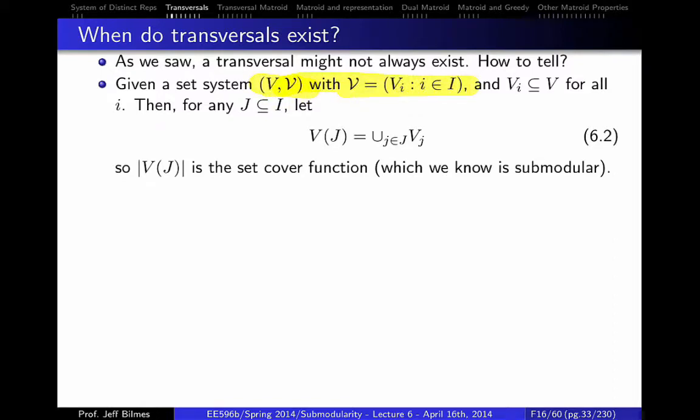Again, this is a set of subsets, and I is the index set, just like what we saw, and this is to define this function v of J. Notice that I can be seen in some sense as a separate ground set. In a bipartite graph, we have the left vertices and the right vertices. The left vertices are like one ground set. The right vertices are like another ground set, like an index set. And we can define a mapping from subsets of right vertices to subsets of left vertices via this function, right?